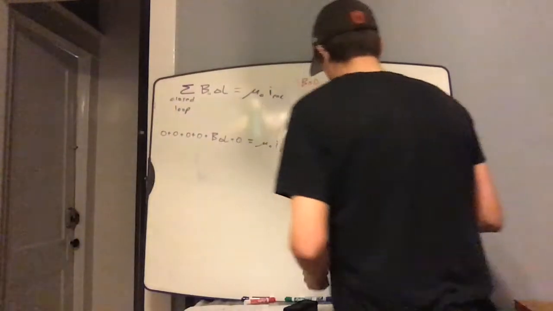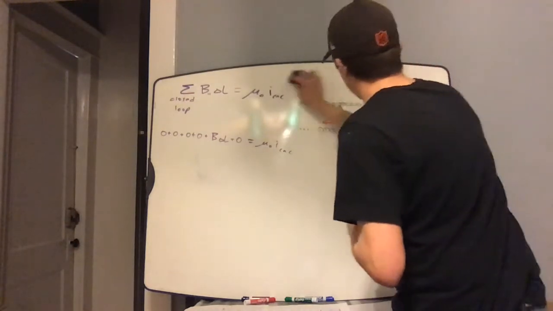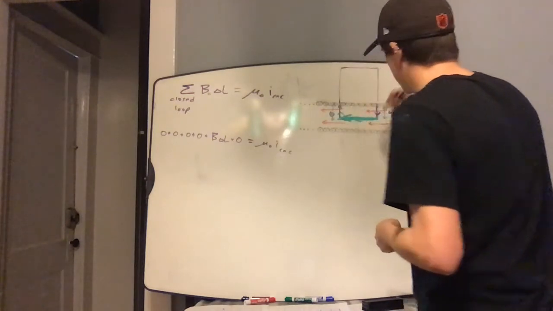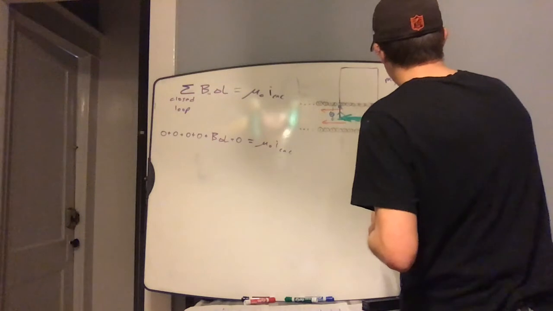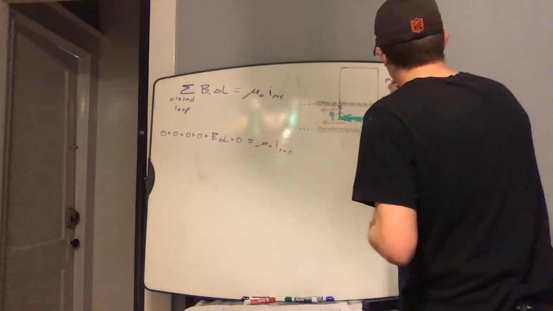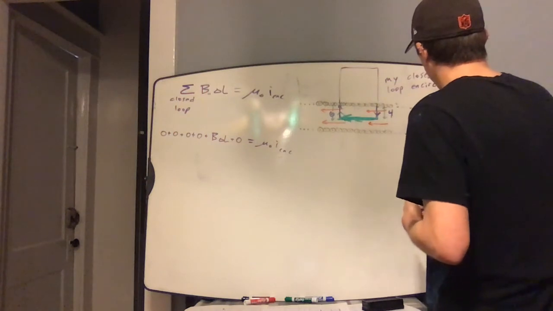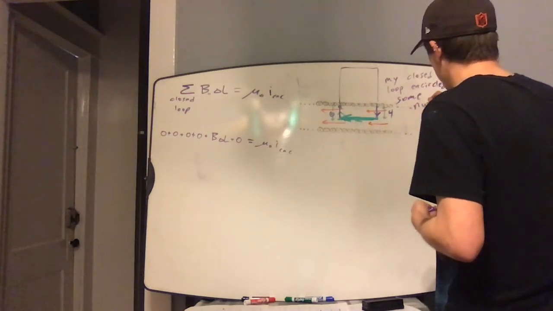So I could say from here to here, my closed loop encircled some number of wires.